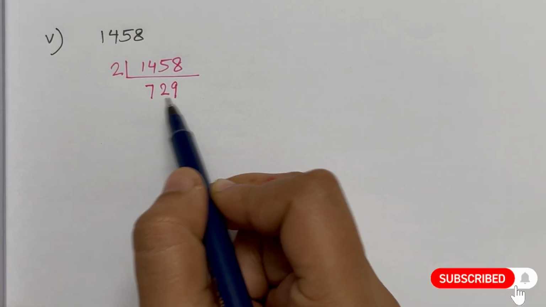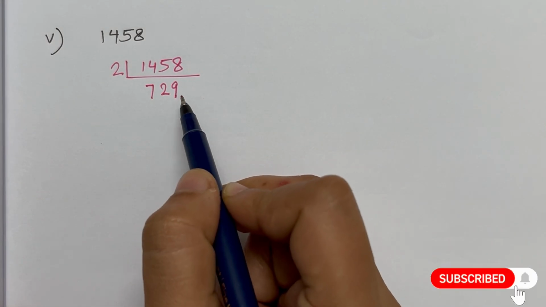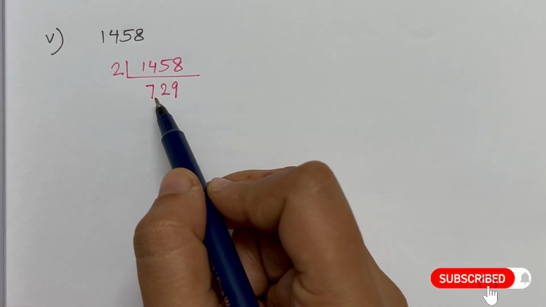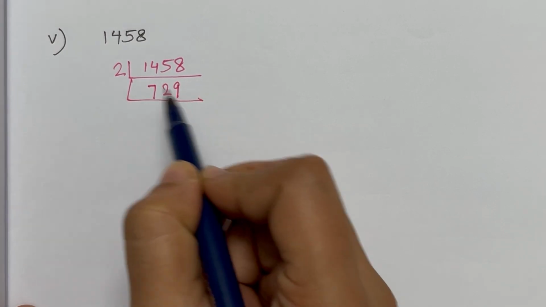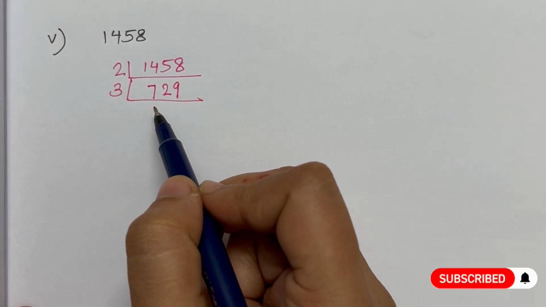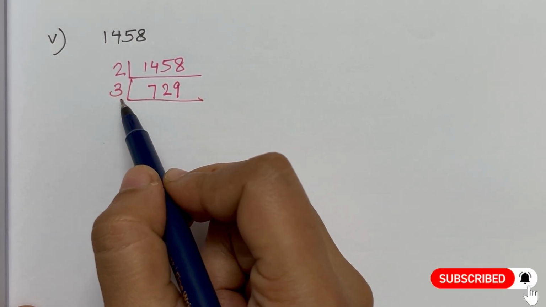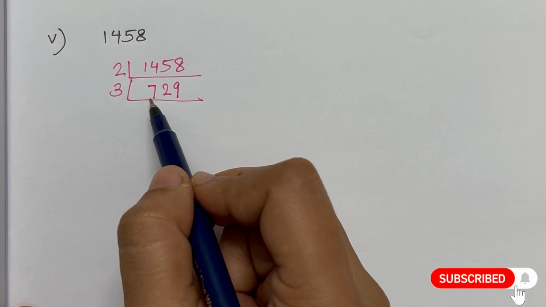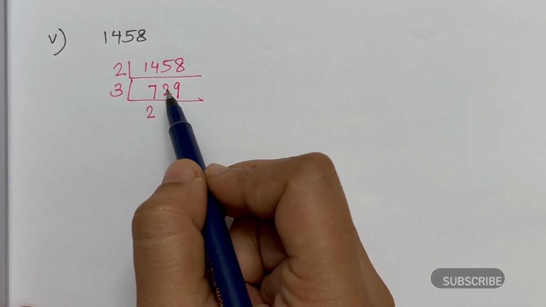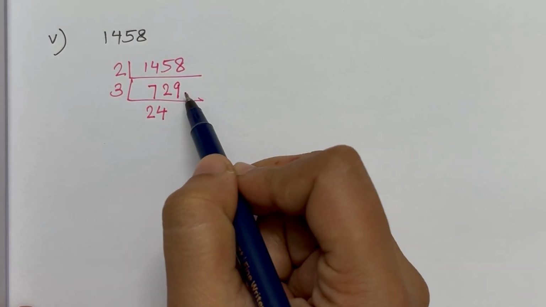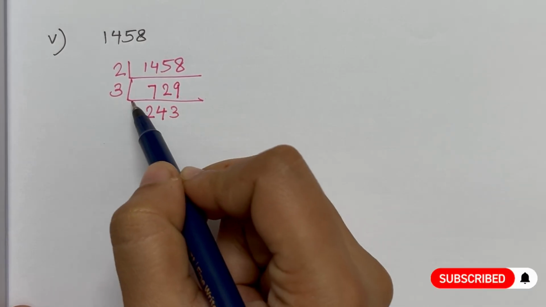Now this is an odd number, so let's check whether it is divisible by 3. 7 plus 2 is 9, 9 plus 9 is 18. So yes, this is divisible by 3. 7 will not go, 6 goes 2 times, 1 left, 12 goes 4 times, and 9 goes 3 times.